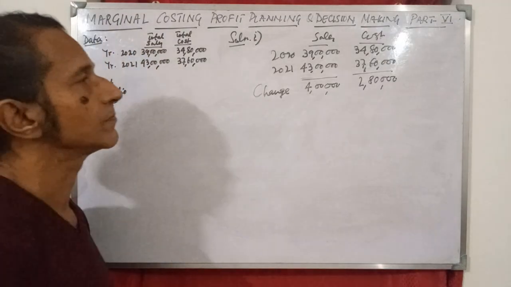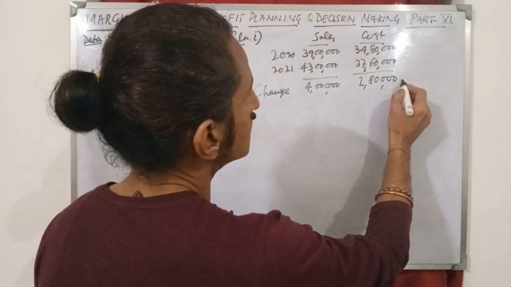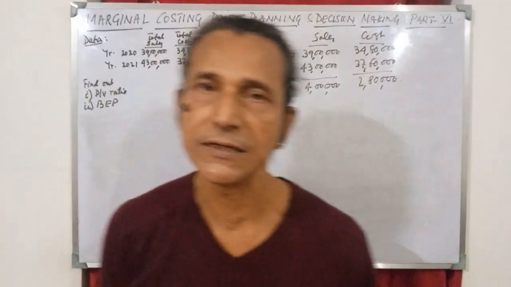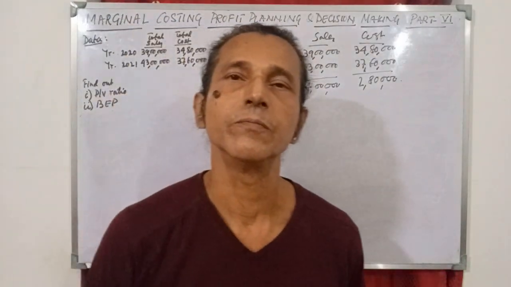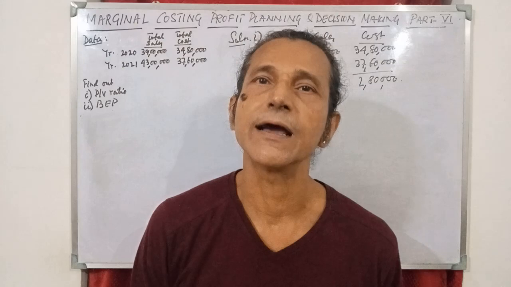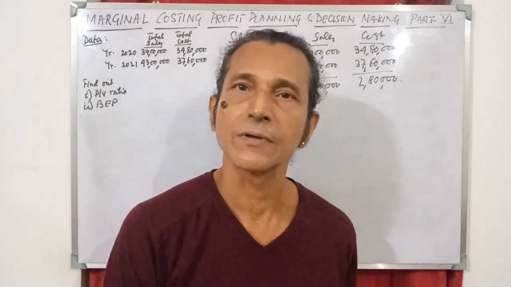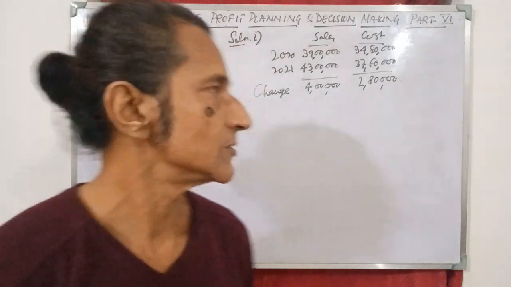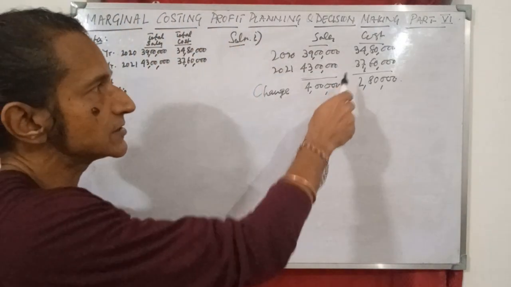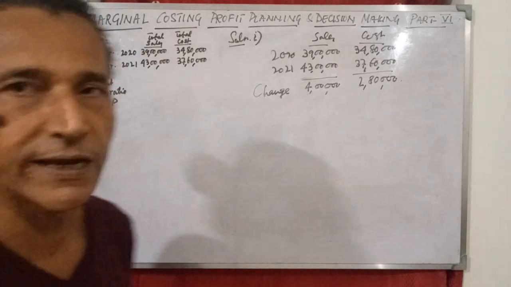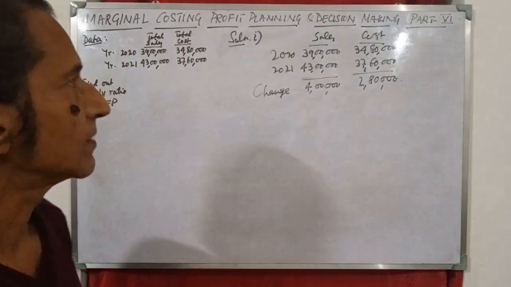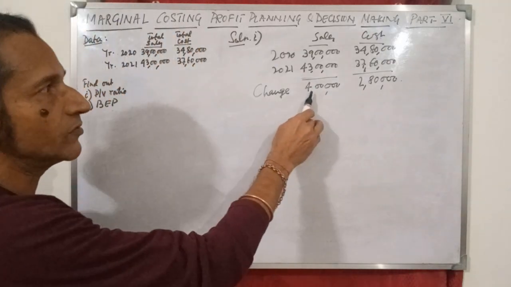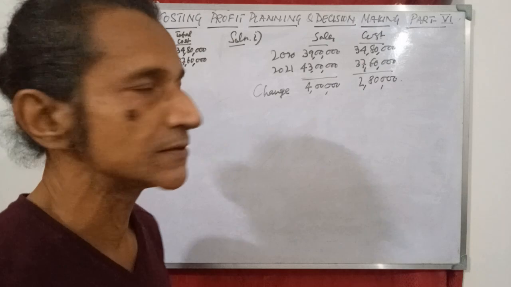This means this change in cost, that is increase in cost, has happened due to increase in variable cost, because fixed costs are assumed to remain fixed in the number of years, the given 2 years. So the change in total cost has taken place due to change in variable cost. So 280,000 is the change in variable cost and 400,000 is the change in sales.